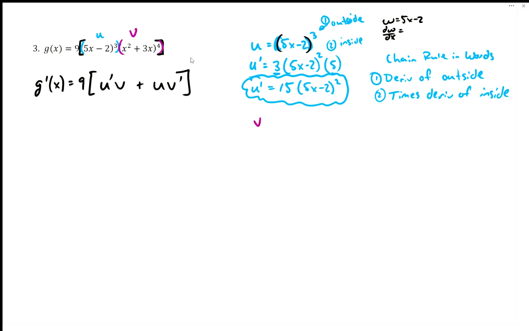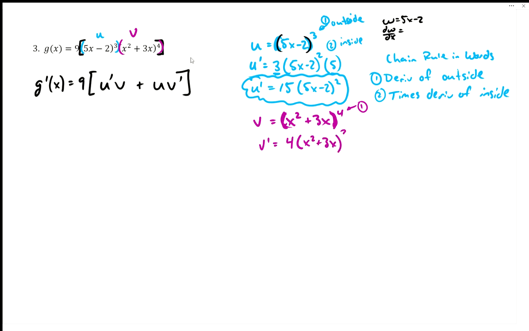Let's do our v now. So v, they say, is x squared plus 3x, and then it's raised to the 4. Okay, so same first two steps here. This is our outside function, because right here in the bold is the inside. Okay, so this is first, and so we know the power rule tells us, so v prime equals, move the 4 to the front, and then just leave the inside alone.